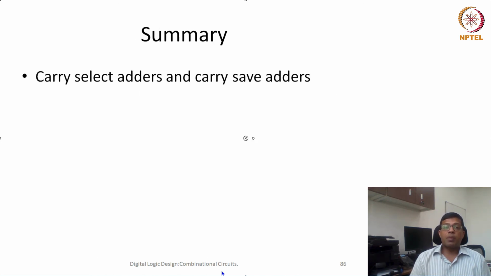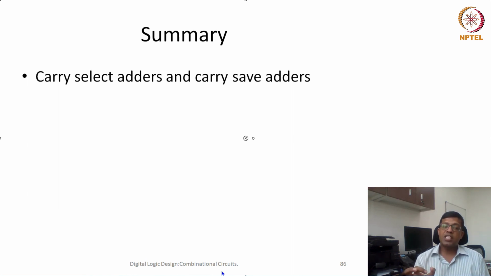In our previous approaches, like carry select adders, parallel prefix adders or look ahead adders, we were compromising on area, increasing the area to reduce the delay, but we have seen that in carry save adders we are reducing both area as well as delay.